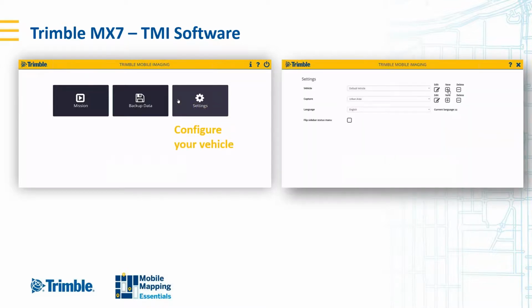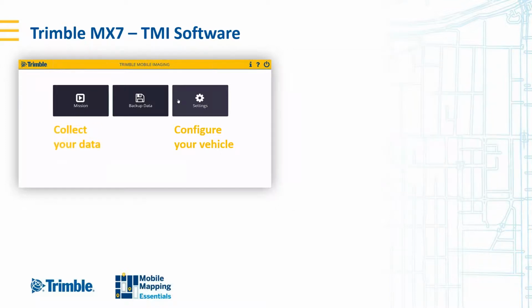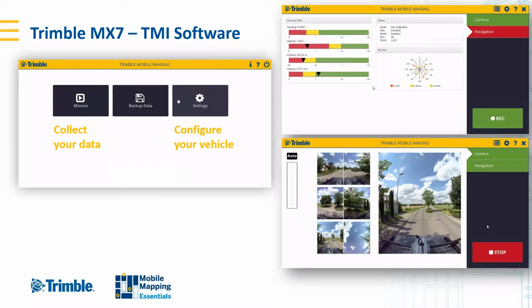This is where you can configure your particular vehicle parameters and set up things like how often you want to capture images. Then we have our data collection screens, which basically show us the images, show us things like sky plots and RMS values of our various navigation parameters or positioning parameters.